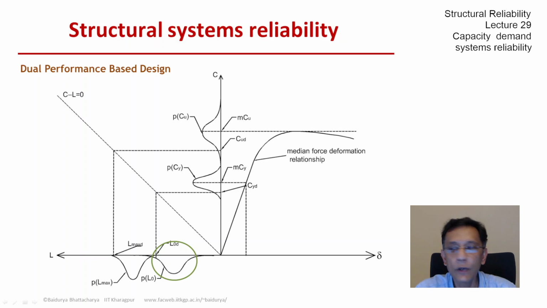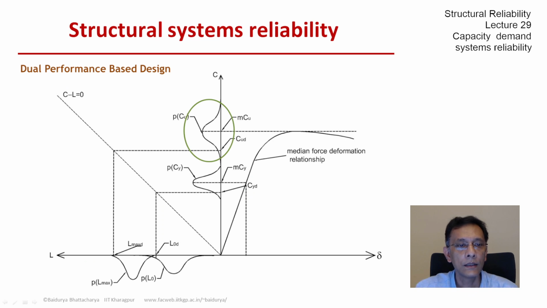That's what you see on the left, marked in the green circle: the density of the ordinary load. L being the load, that's the L axis, and L0 is the ordinary load, PL0 is the density function, and there you can define its design value and compare it with the design capacity and make sure that the two match, and thereby the design can be satisfied.